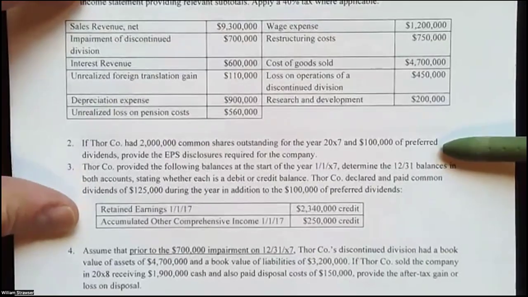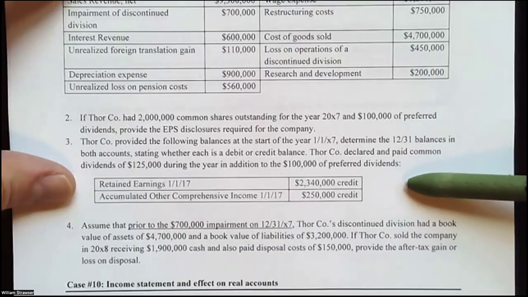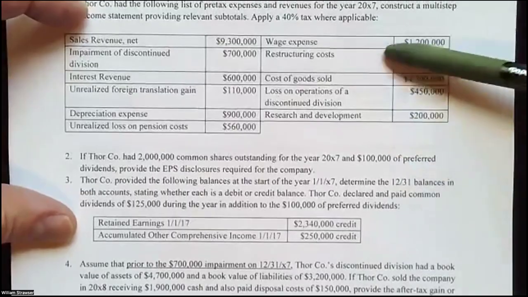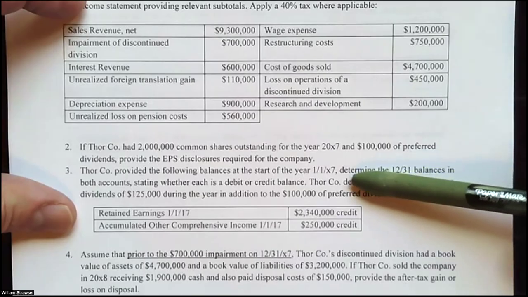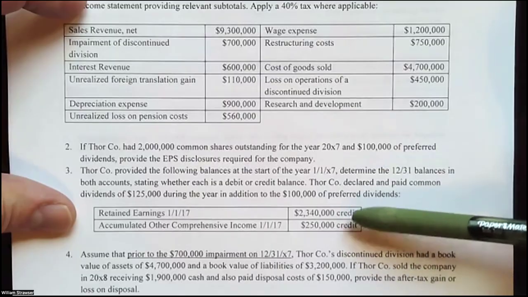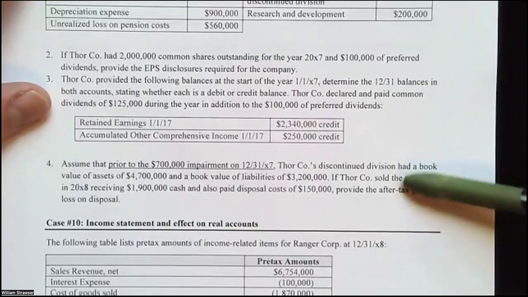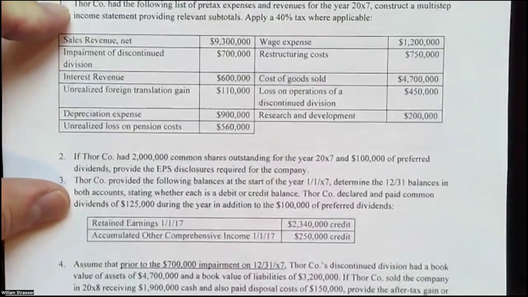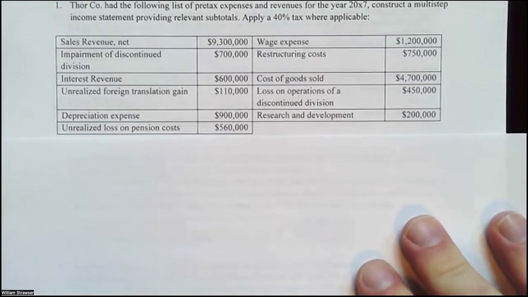There'll be an EPS question here, and updating the balances of retained earnings and accumulated other comprehensive income. So, basically creating that income statement, finishing off with the required disclosure of EPS, how the income statement affects and informs these two accounts in particular on the balance sheet, and then a discontinued operation piece. So I think both of these are very good problems to get a hold of. I might work one in full and then one just a little bit.